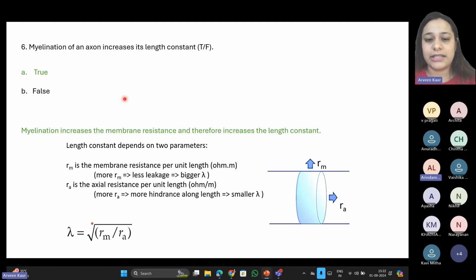So our system has come up with this phenomenon known as myelination, which insulates the axons of neurons so that the conduction is better.